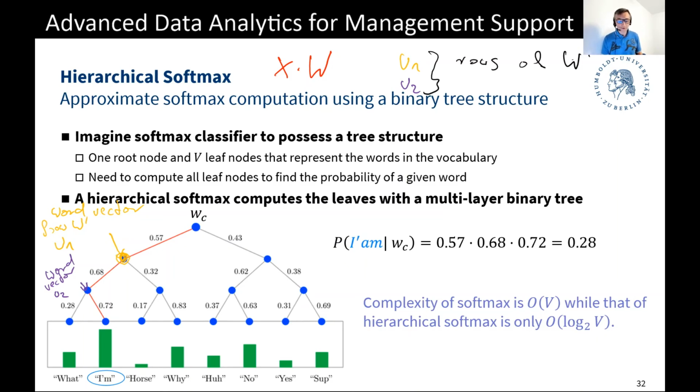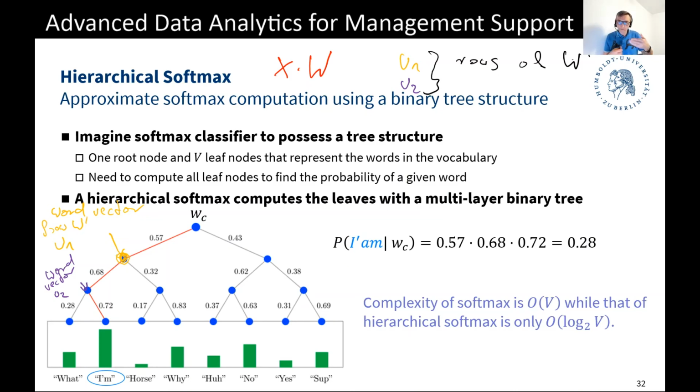So revisiting once more the probability of 57 in our tree that we find right next to WC, the probability of going left, at the next step we decompose it further into a 68 probability of going left again, and a 32 probability of going right after we went left beforehand.